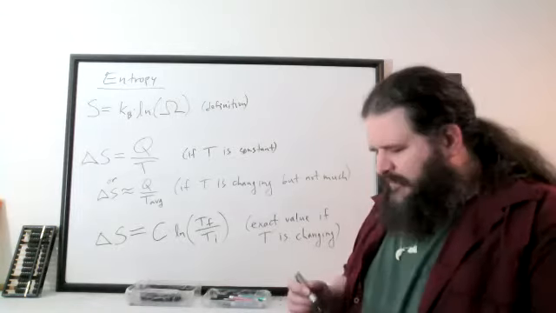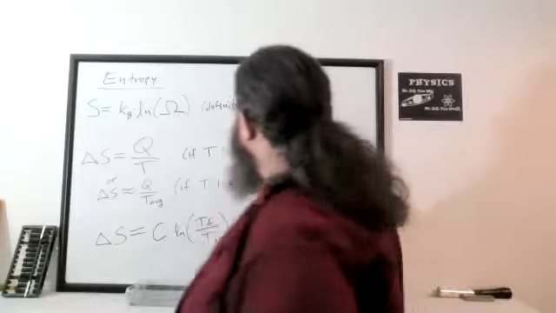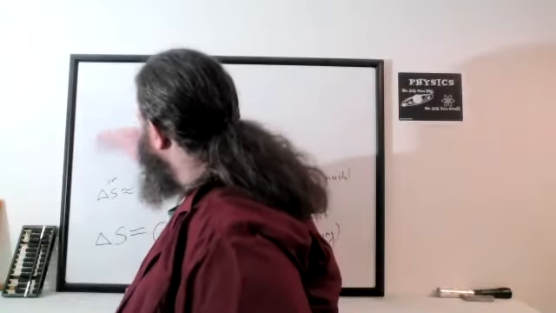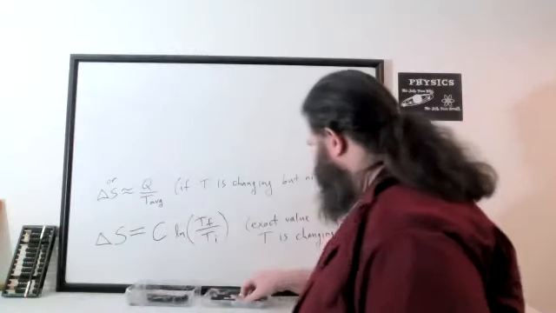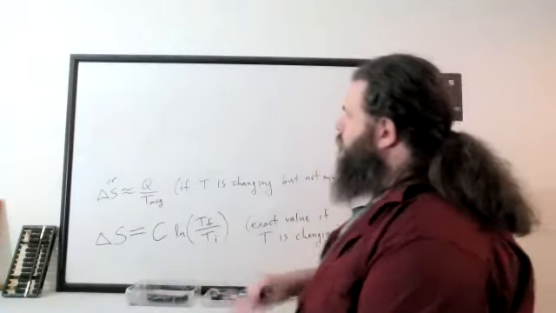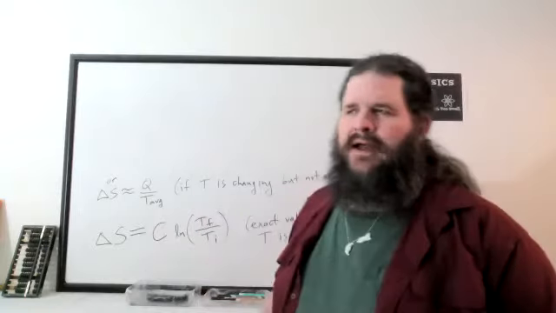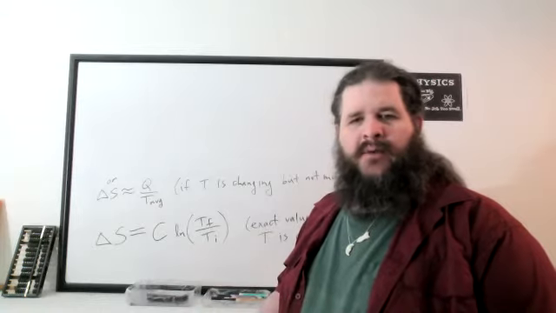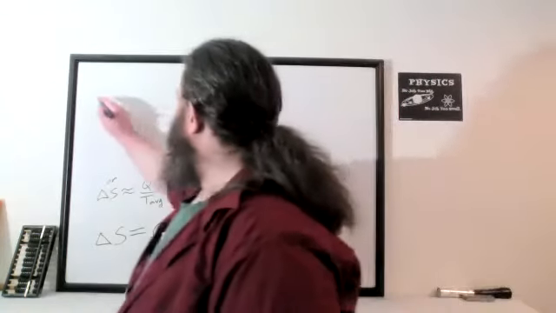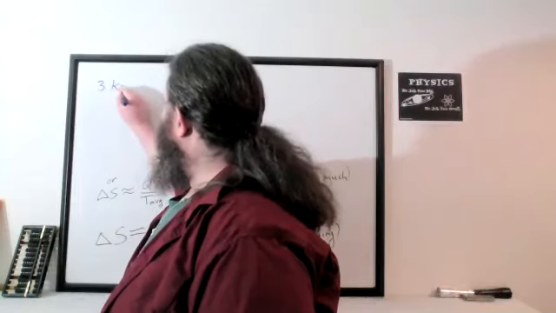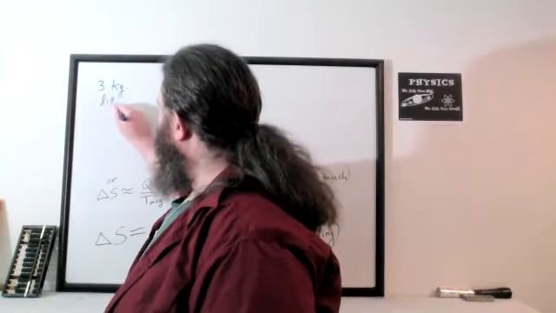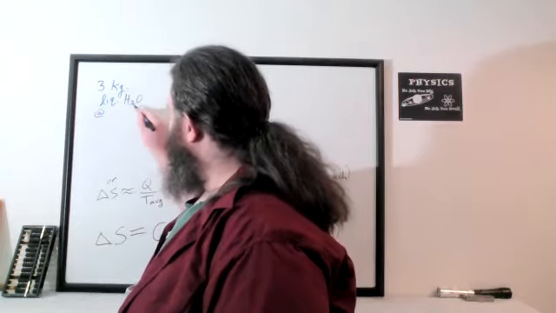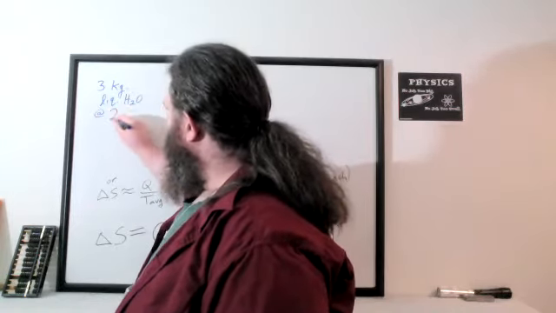So as an example, let's say we have a container of water. Let's say 3 kilograms of water and we want to freeze it. 3 kilograms of liquid water at a starting temperature of, let's say, 20 degrees Celsius.